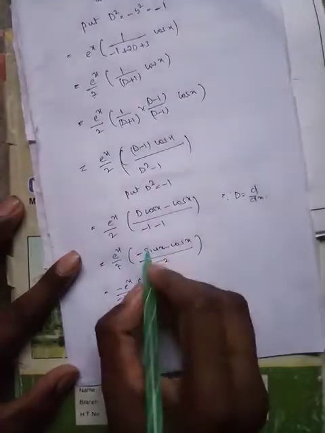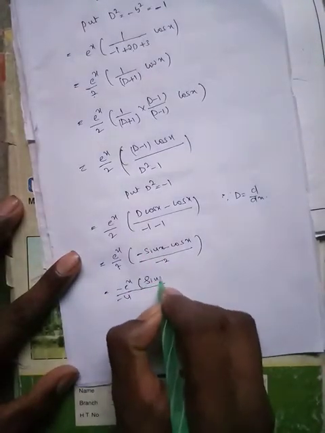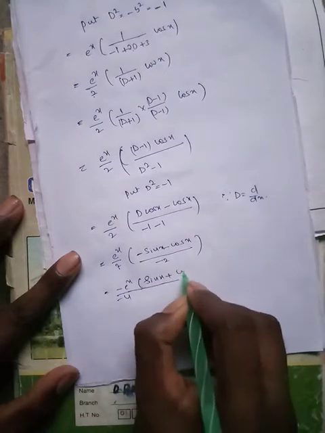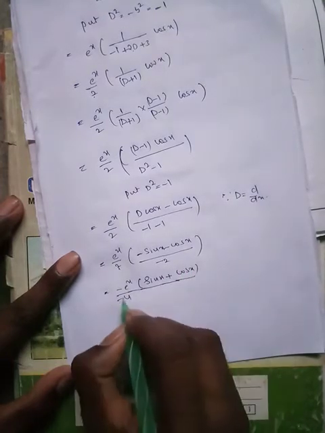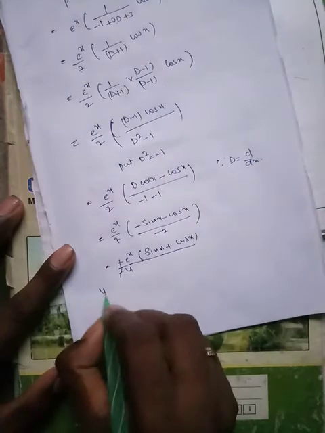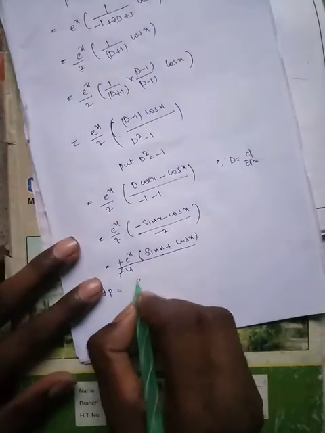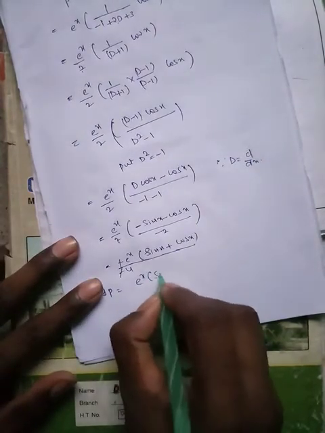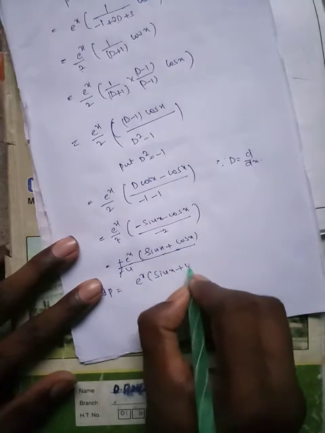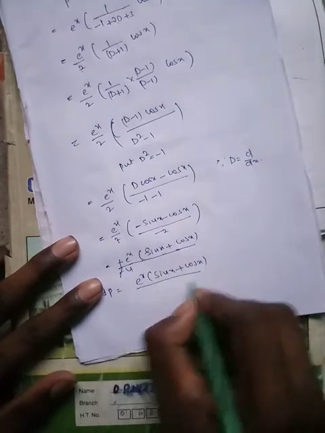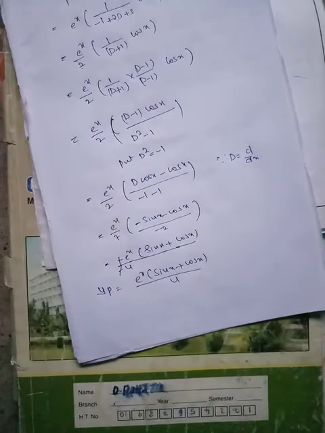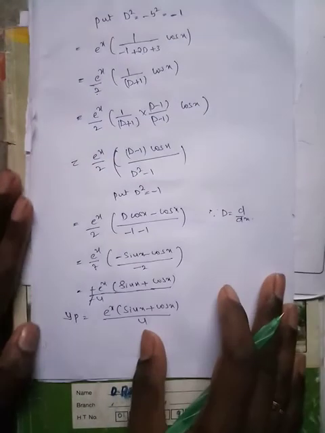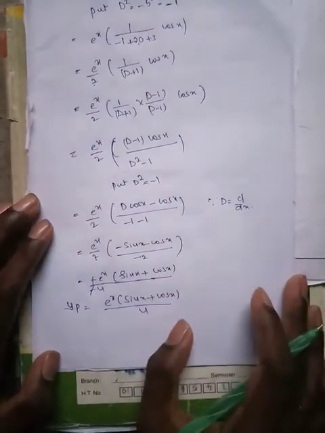For this I am taking minus common, so I will get sin x plus cos x. So this gets cancelled. Our yp is finally e power x, sin x plus cos x by 4. I got my yp also.